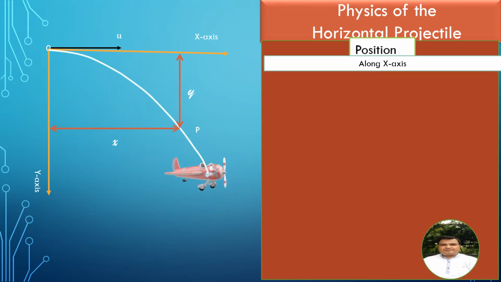Along the x-axis, first of all, we will use the second equation of motion that we already discussed in kinematics. x equal to x naught plus u x t plus half a x t square.